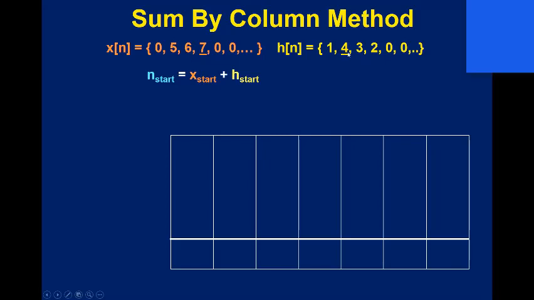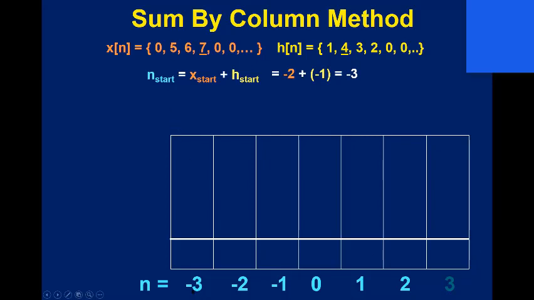Likewise for h, here's my n equals 0 position. The non-zero part starts at n equals -1. If I add the starting index of x to the starting index of h, -2 and -1, I get the starting index of the convolution result y of n. So my first column here is going to be n equals -3, and then we just count up from there. Next column will be my y of -2. The next one will be y of -1, then y of 0, y of 1, y of 2, and so on.